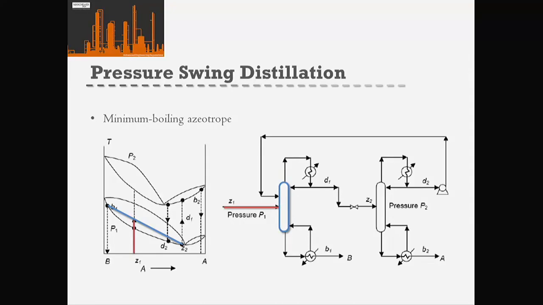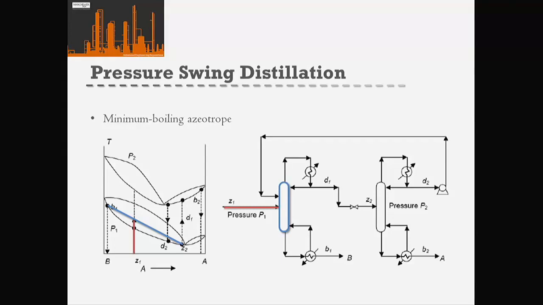composition diagram. If you remember, our bottom line here is our bubble point, and our top line is our dew point, and then where they meet is our azeotrope. So we can achieve a separation in our first distillation column, essentially near where we want of our pure component B, but our composition of component A is now essentially stopped by our azeotrope.